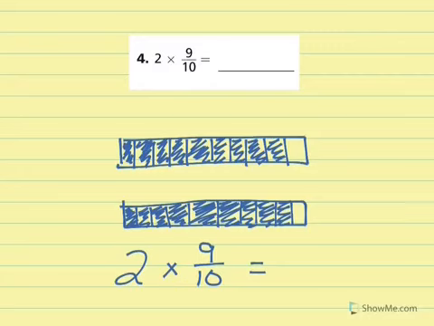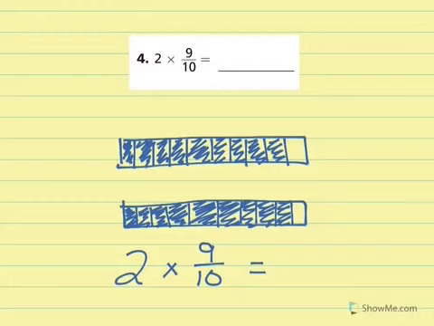Okay, so here I have 2 times 9/10. You can see that I have drawn 2 fraction strips. That's because I have 2 wholes. Each fraction strip is separated into 10 equal parts, and I have shaded 9/10.